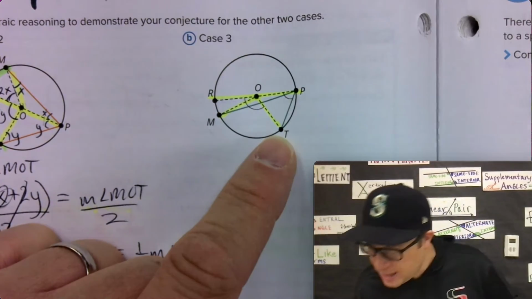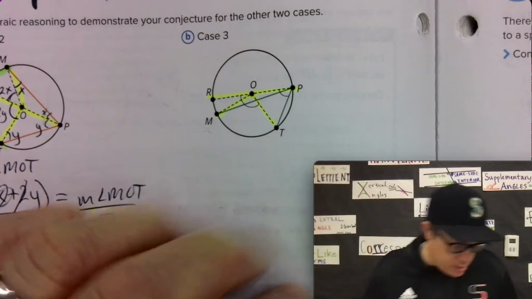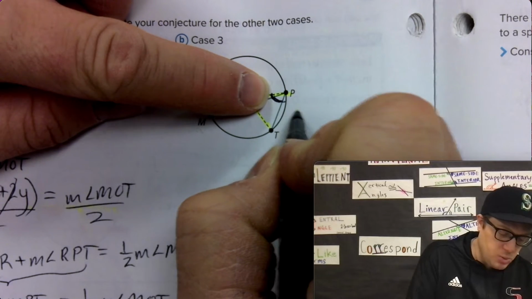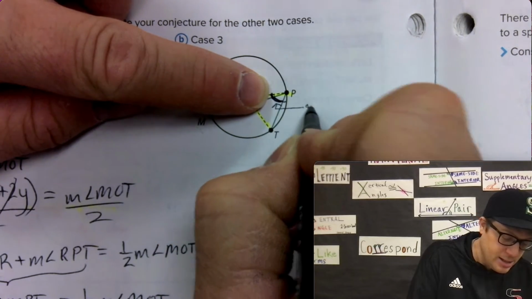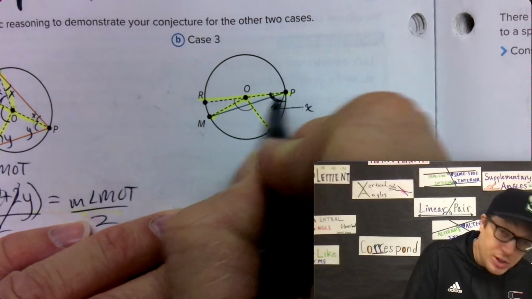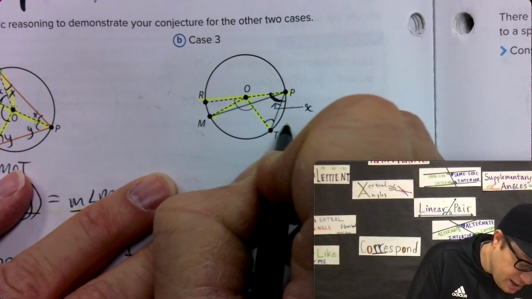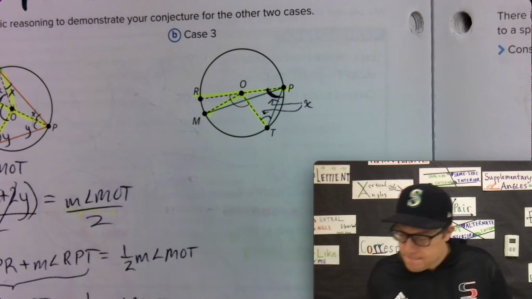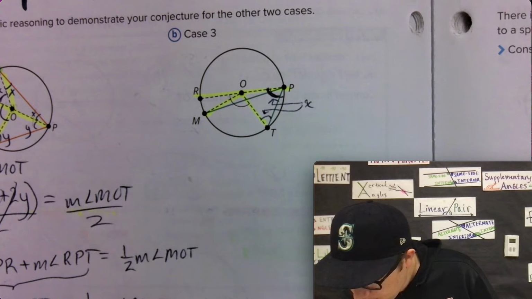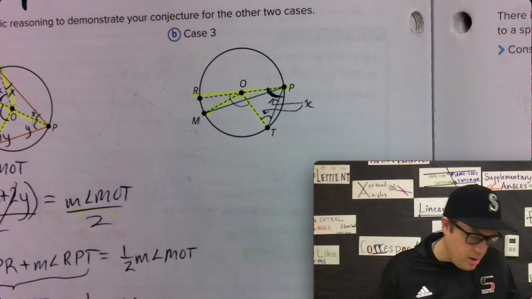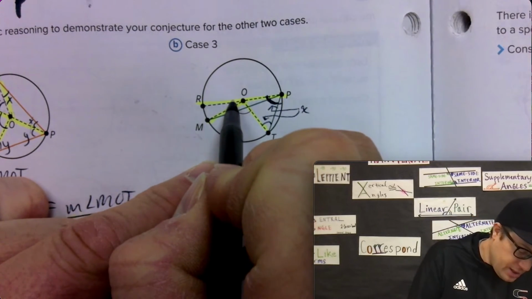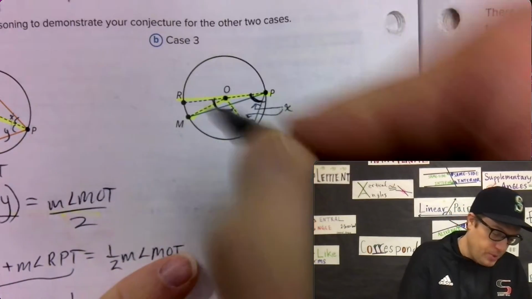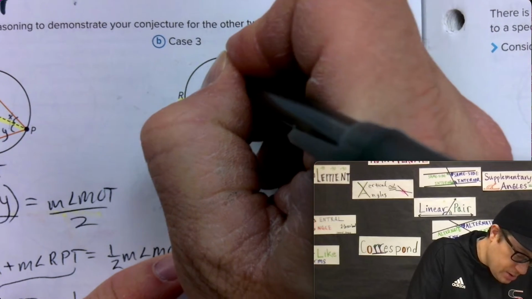Now we're going to say that, careful here, this whole angle right there, I'm going to put my letter to it over on the side, that is X. And then that means that in this triangle, all of this is also X. That means this exterior angle is what you get from adding both of those together. This angle is 2x.